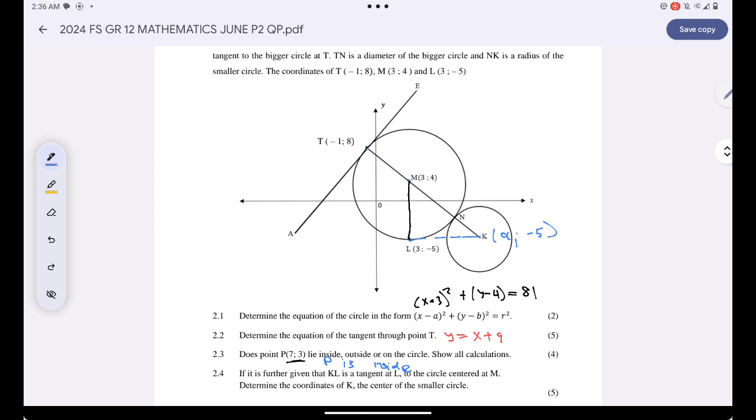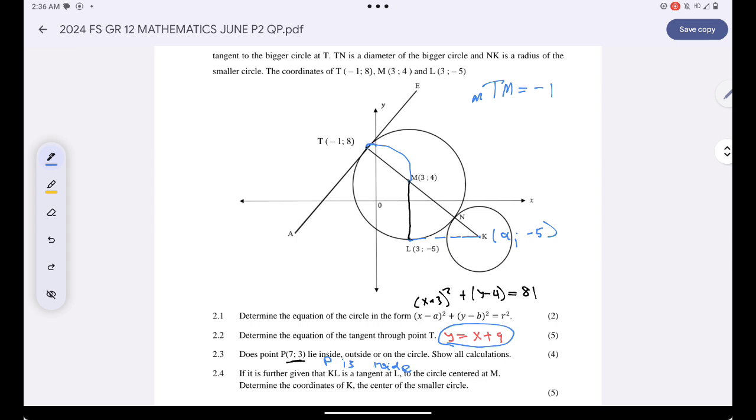Remember that whenever we calculated the equation of a tangent, the first thing we did was to find the gradient of the radius, and we found out that the gradient of TM is -1.